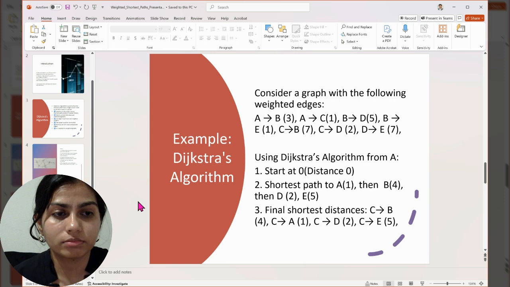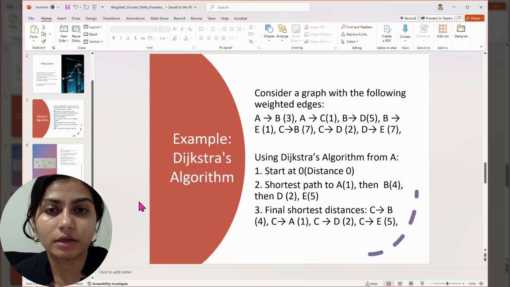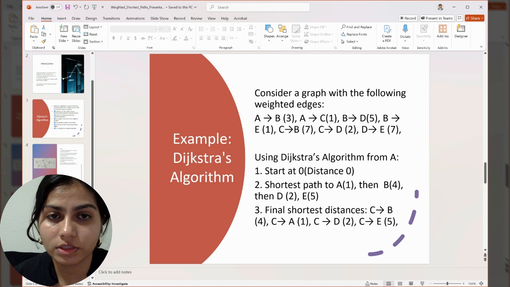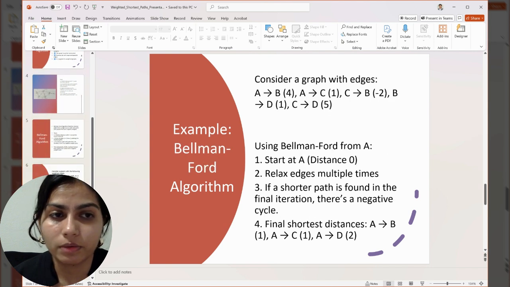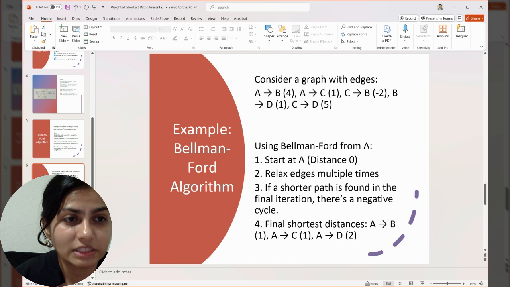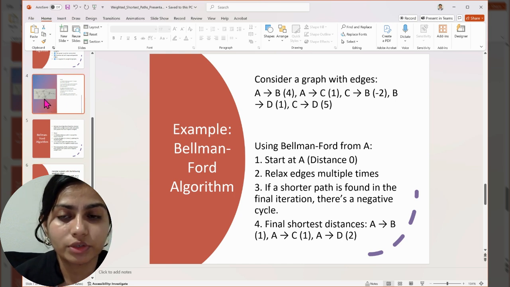So what are the steps for implementing the Bellman-Ford algorithm? First, I initialize all nodes to infinity except the source node, the same as in Dijkstra's algorithm. Then I update the distance if a shorter path is found, as we already did in Dijkstra's algorithm.